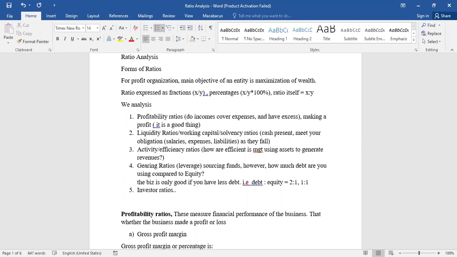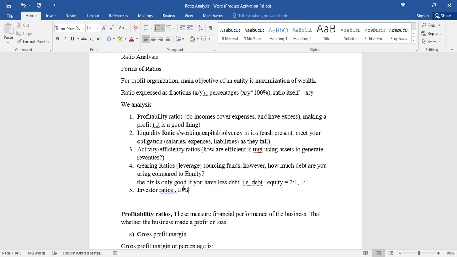Then for investor ratios, you're looking at how the investor in your business is finding your entity. Is he happy or unhappy? A good example is earnings per share. That means the owner of a share in your entity is earning per share that he holds.